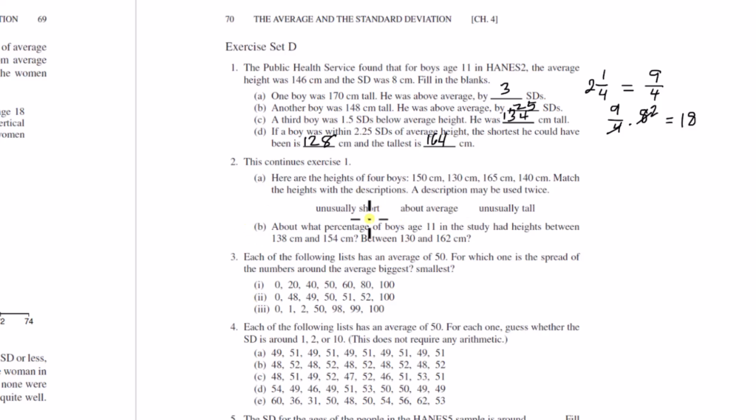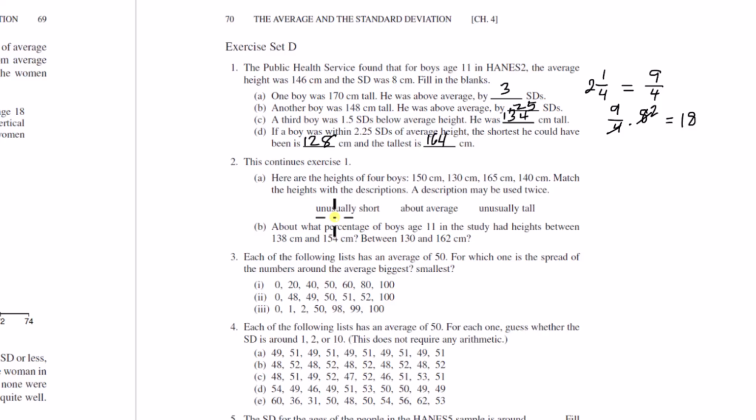Okay, so with that in mind, when I look at these descriptions, we're going to match each one of these values to one of these 3 descriptions. When they say about average, to me that's saying that most of the numbers are going to be within one standard deviation. So if one of these heights is within one standard deviation of the average, I'll categorize that as about average. Now, unusually tall or short, the word unusually falls under the section's statement that very few numbers will be more than 2 standard deviations away.